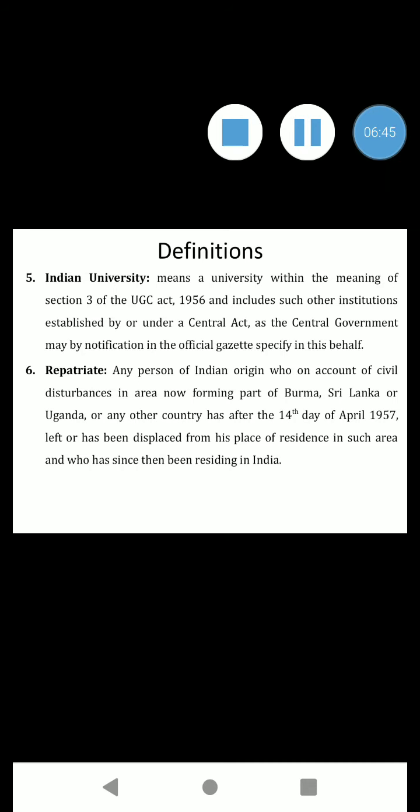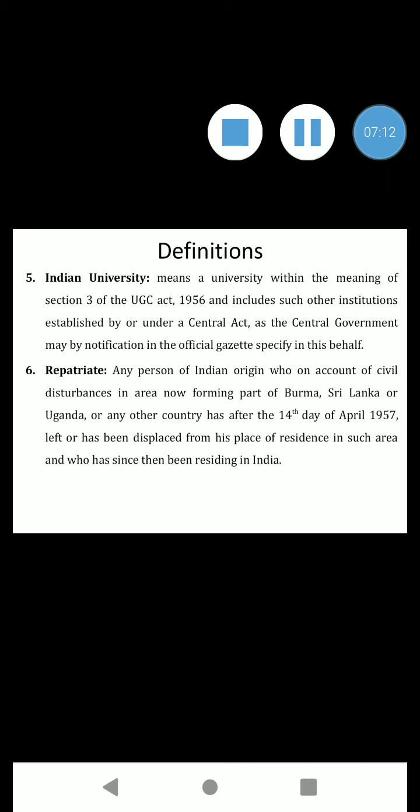Meaning, it includes other institutions established under a Central Act, and that notification is published in the official gazette.